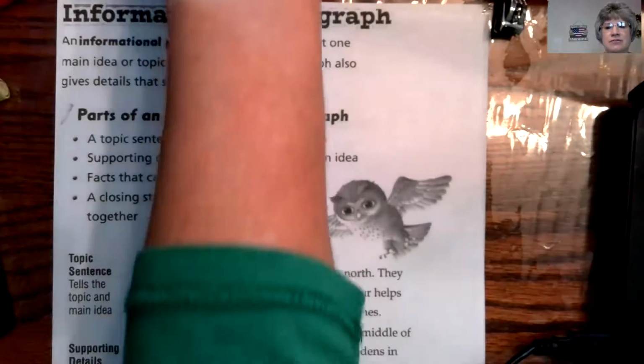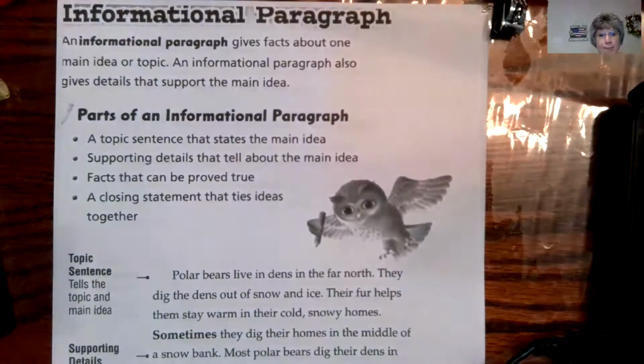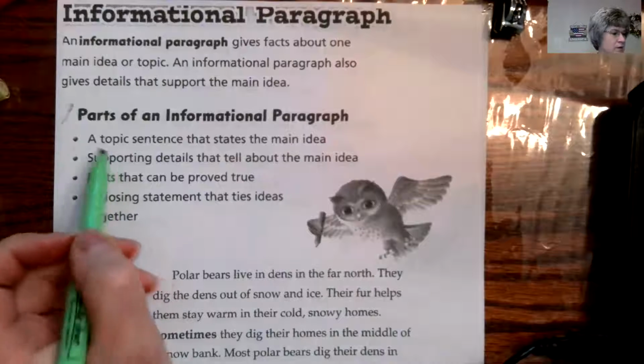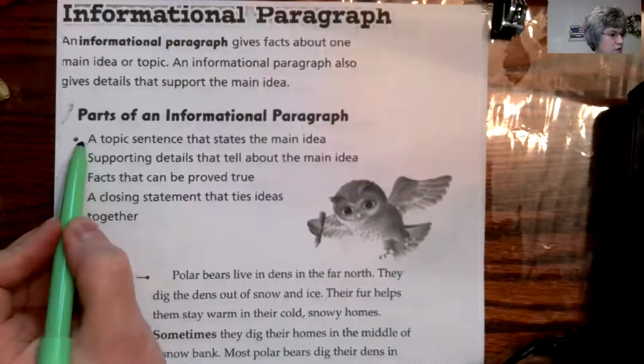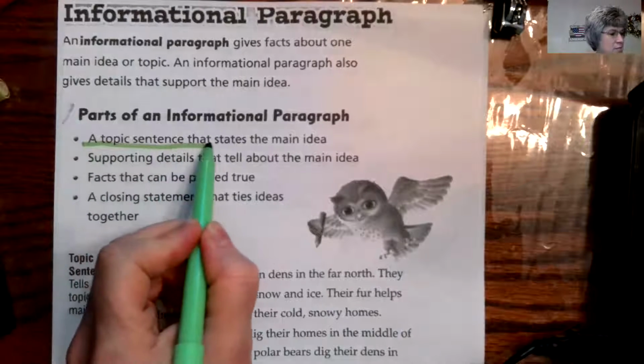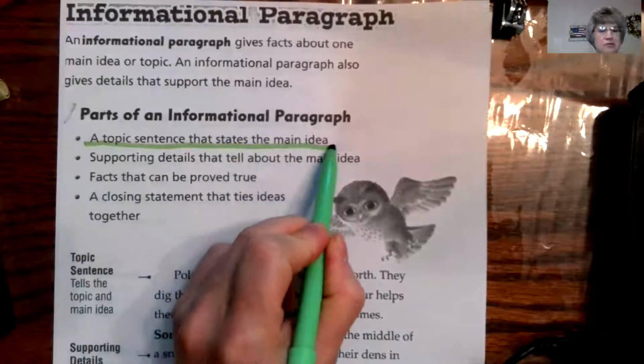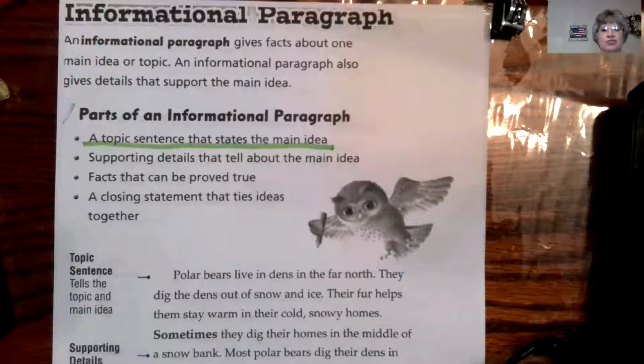And with the second graders that I've worked with so far, we have discussed color coding if it helps you to help you write a paragraph. So we decided that since we're going into a new paragraph, that our main idea or our topic sentence would be underlined in green because you're going into a new paragraph, okay?